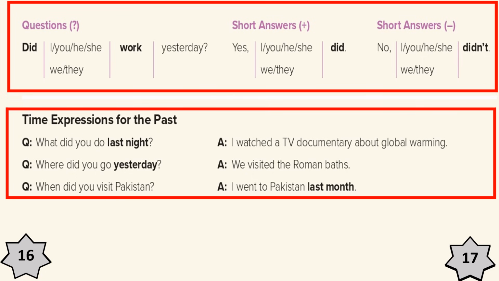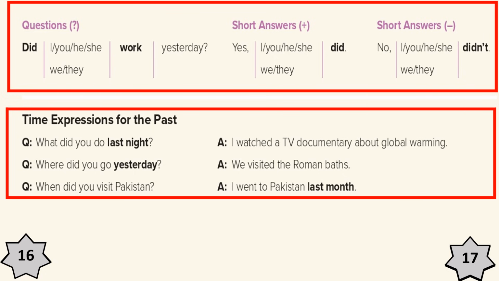Time expressions for the past. تعابير الوقت للماضي. Look at the first example. What did you do last night? Look at this expression, last night, الليلة الماضية. I watched a TV documentary about global warming.